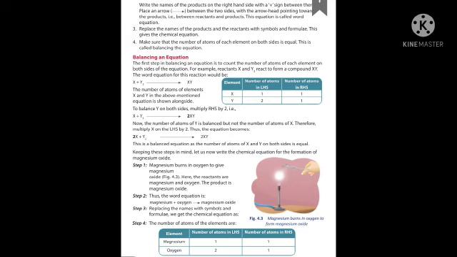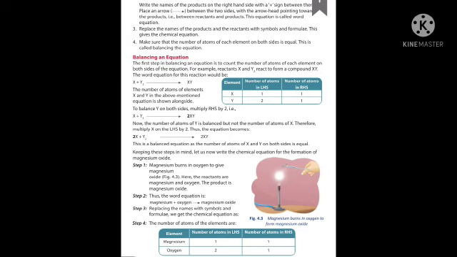This is a balanced equation as the number of atoms of X and Y on both sides is equal. See that last equation, 2X plus Y2. After the arrow also X is 2 and Y is 2, so it is equal. Understand?